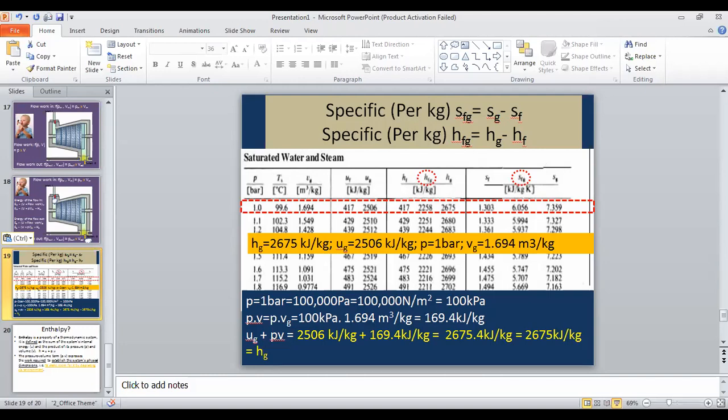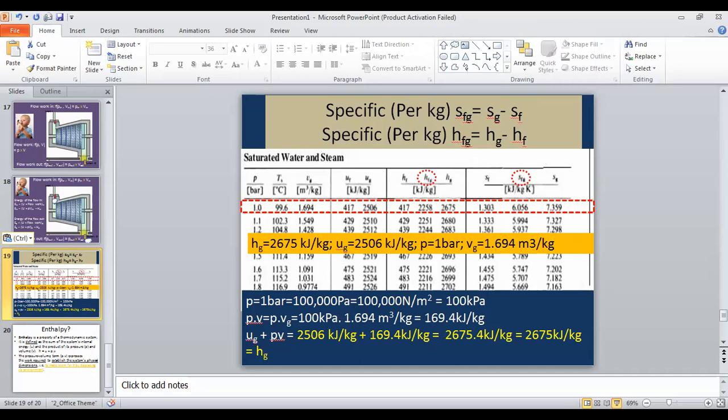So the H, the enthalpy, you can see. Hg, gas phase, higher energy, because that is Ug plus P times Vg. See, I did the calculation here. Pressure 1 bar is 100 kilopascal. Follow this. Pressure 1 bar means 100,000 pascal, meaning 100,000 Newton per meter squared, or 100 kilopascal.